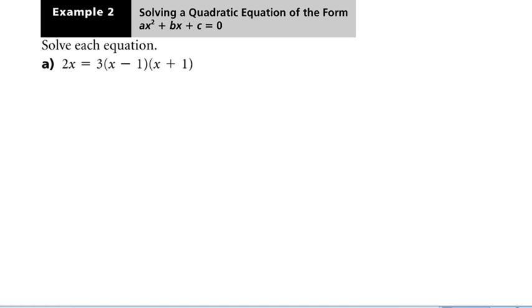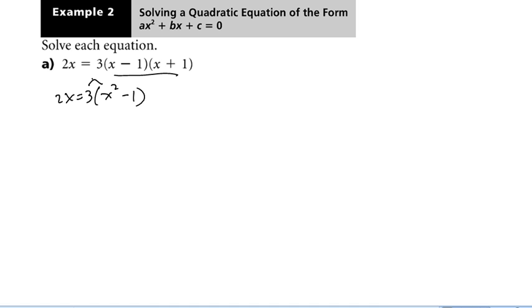Okay, this guy, we can't find a, b, and c yet because it's a mess. So let's clean it up first. First thing we need to do is expand through these two brackets here. Notice that's not the first thing we had to do. We could have multiplied the 3 in first. Notice that x minus 1 times x plus 1 is actually just the factored form of x squared minus 1. You could have done that the long way.